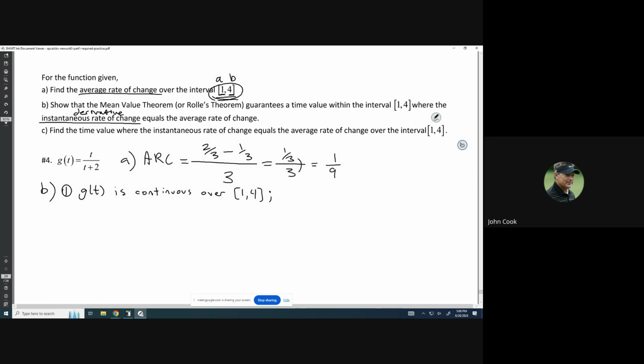So my domain is that t is not equal to -2, overall. But -2, if you notice, is not in this interval. So that means that it's going to be continuous everywhere. So t can't be equal to -2, but -2 is not even in this interval from 1 to 4 for t. Okay, so that's the proof for it as well.